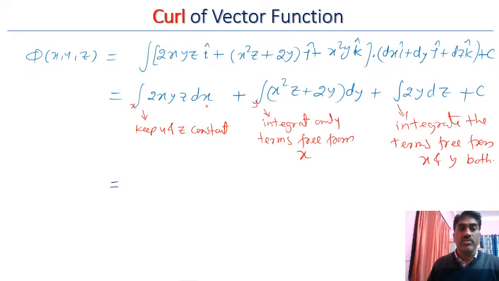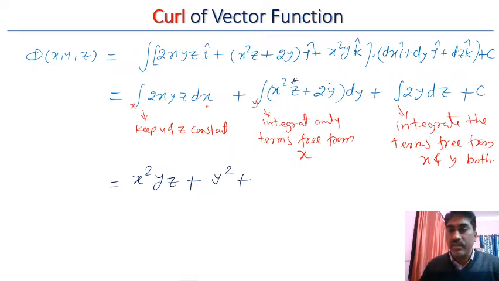So integrate 2xyz, we will get x square y z plus, in the second integral or y integral, integrate with respect to y, but if a term contains x, leave it. So first term has x, so leave it. Second term is purely in y, so we have to integrate the terms that are free from x, means second term will be integrated. So this is y square, and then in the third integral, integrate only those terms which are free from both x and y.